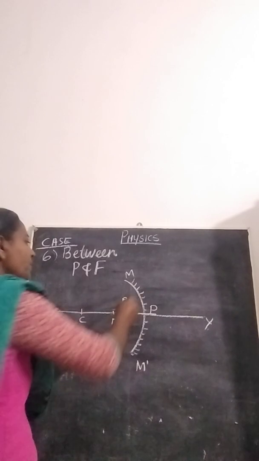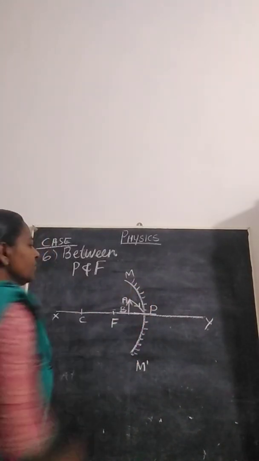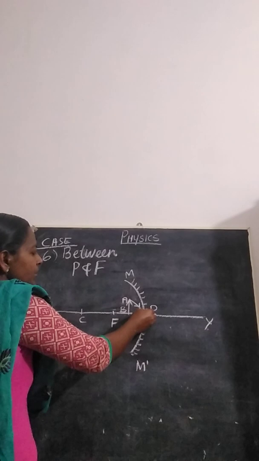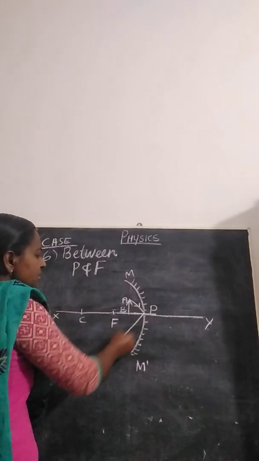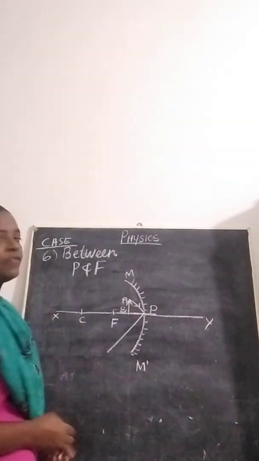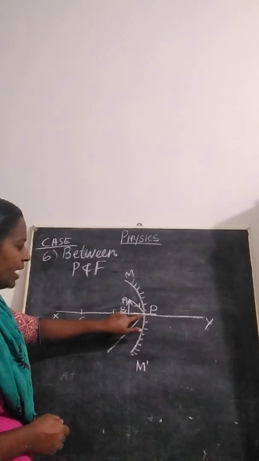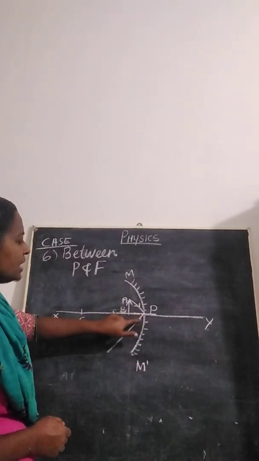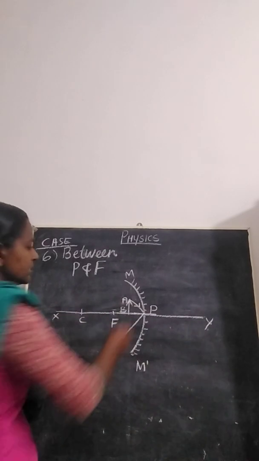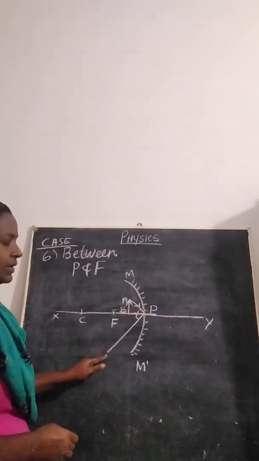After reflection, that ray will get reflected from the point with the same angle of reflection, so the reflected ray will also make the same angle with the principal axis. These two angles will be equal.